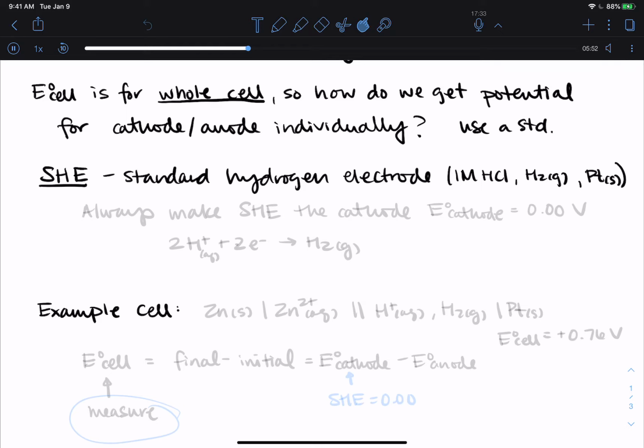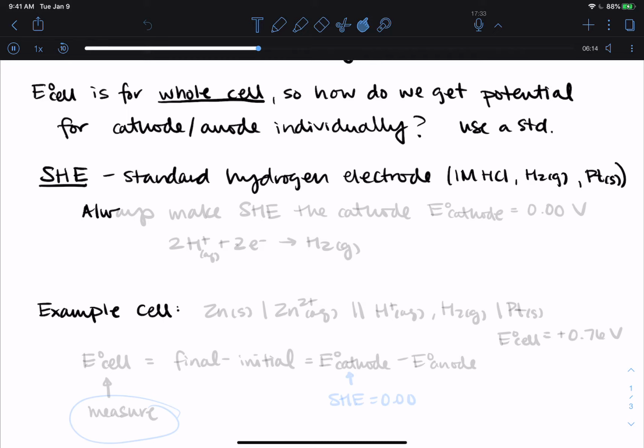So what we do is we can set up any half cell against the standard hydrogen electrode and then measure the potential difference, and then we set the hydrogen electrode to be 0 volts and measure everything relative to it.